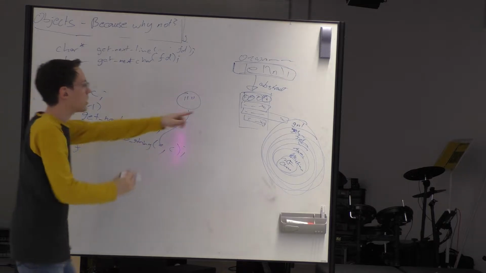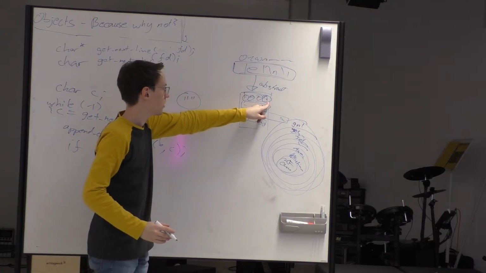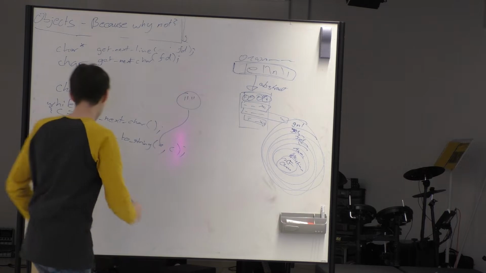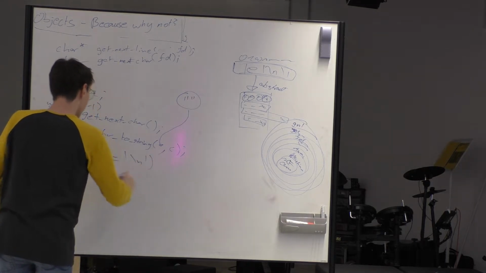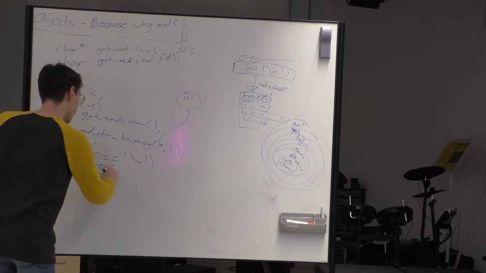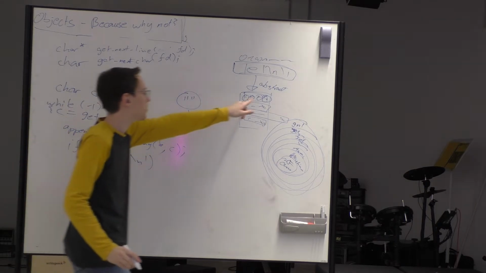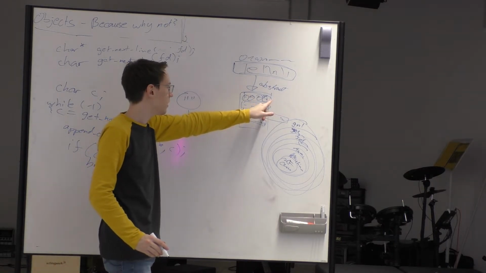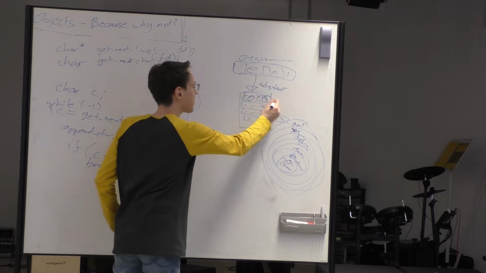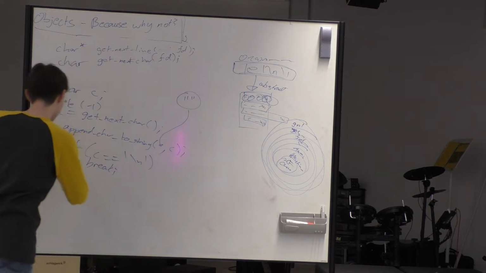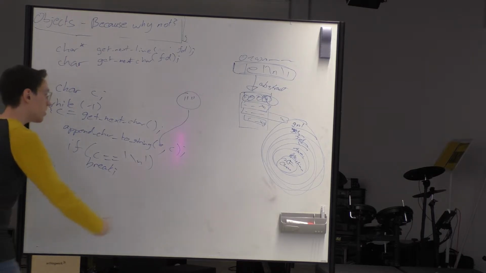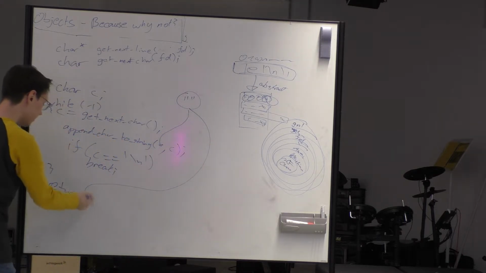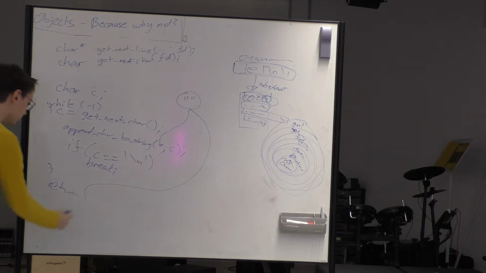If the C that we just added is the newline, just break it or return. We break the loop. So we first add it because it has to be the last character of our line. And then, if this was the last character, we just break out. And then in the end, we just return whatever string was in here as a char pointer.